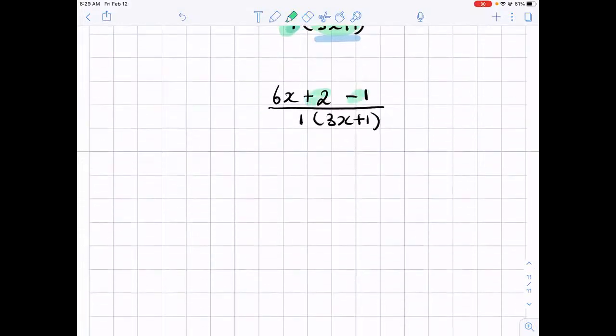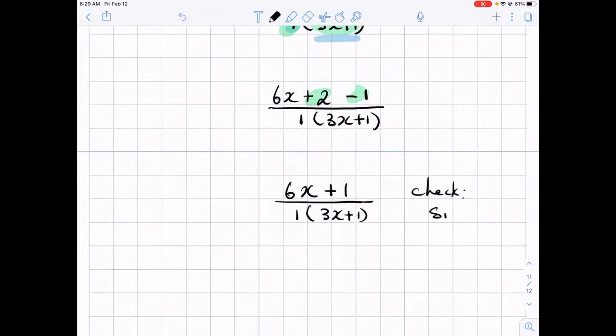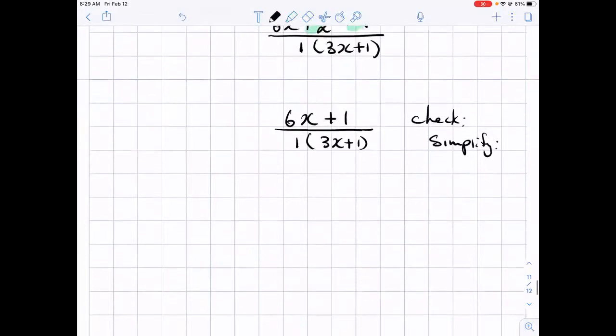Combining like terms, we have 6x plus 1 over 1 times 3x plus 1. And then don't forget to check for simplification. So we cannot factor anything from 6x plus 1. We can't factor that.